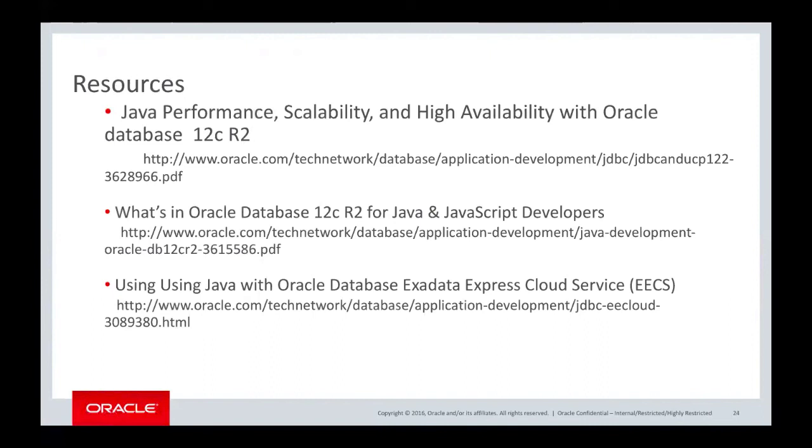So we have a few features, but it's not like a completely brand new release. I'm saying that so you understand that those white papers are not obsolete. They also have a bunch of features which are in 18c. So we have our cloud paper, our what's-new paper, and we have this white paper for performance, scalability, etc. So that's all we have to share with you, but we would really want to hear from you guys.